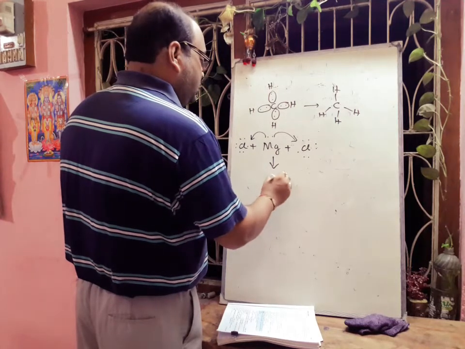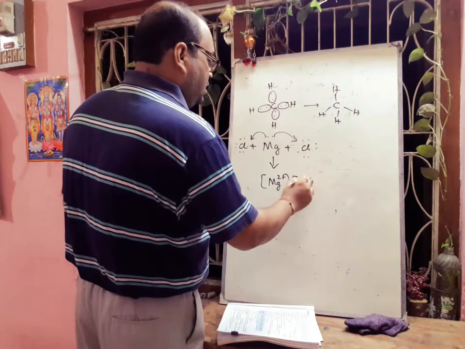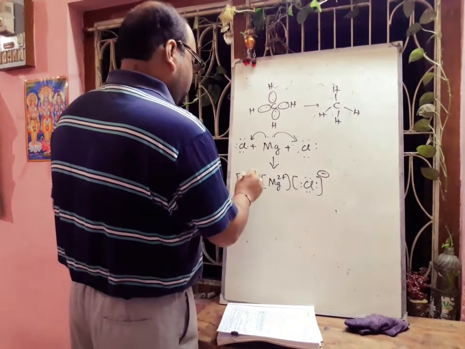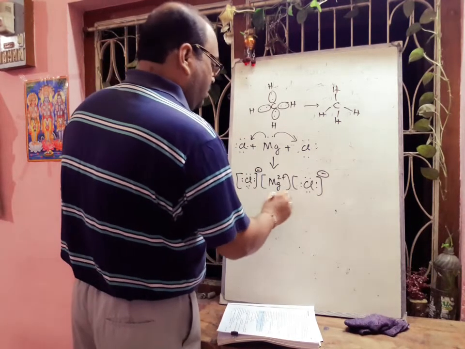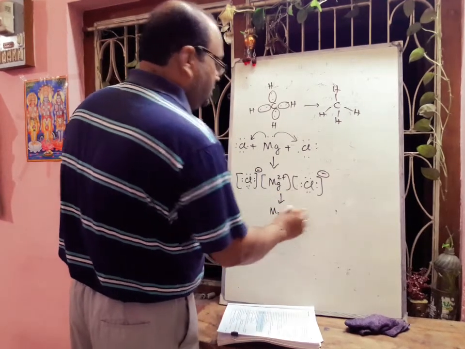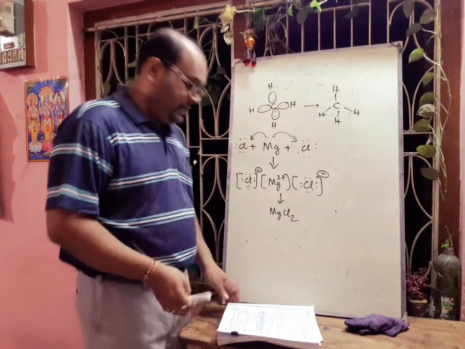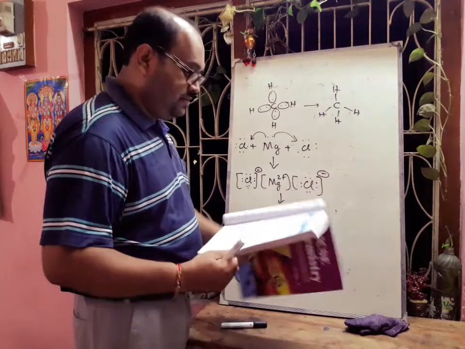So it will be Mg2+ and Cl minus, Cl minus. From here you will write magnesium chloride, MgCl2. This type of diagram you practice from this chapter.